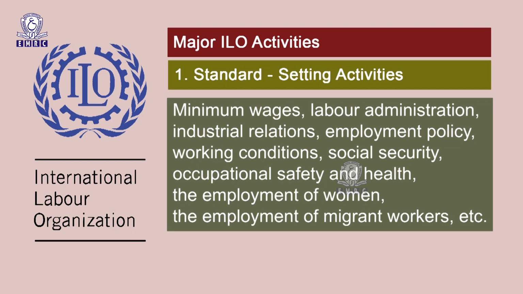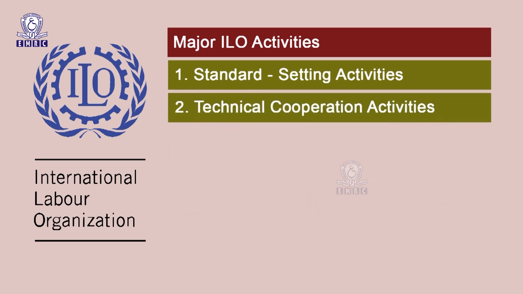The full spectrum of labour related issues is covered by other standards including minimum wages, labour administration, industrial relations, employment policy, working conditions, social security, occupational safety and health, the employment of women, the employment of migrant workers and so forth. And the second major activity is technical cooperation activities.